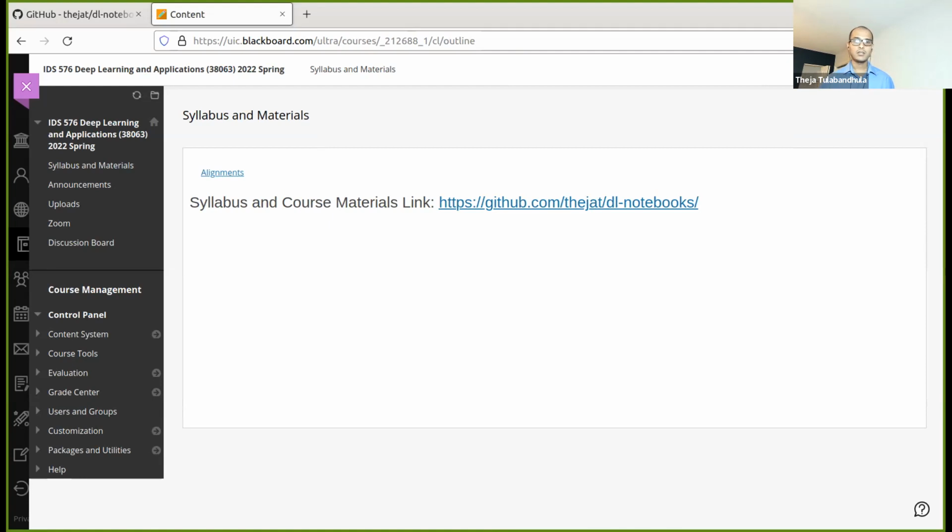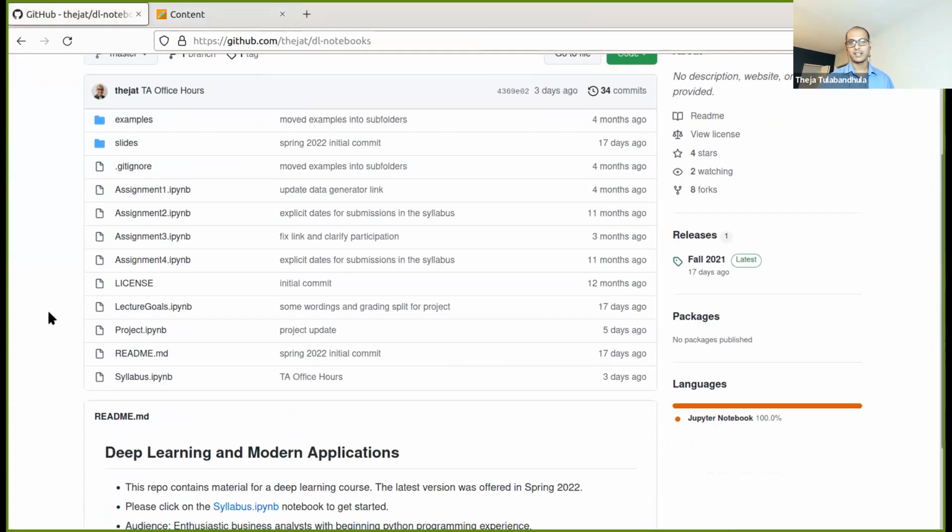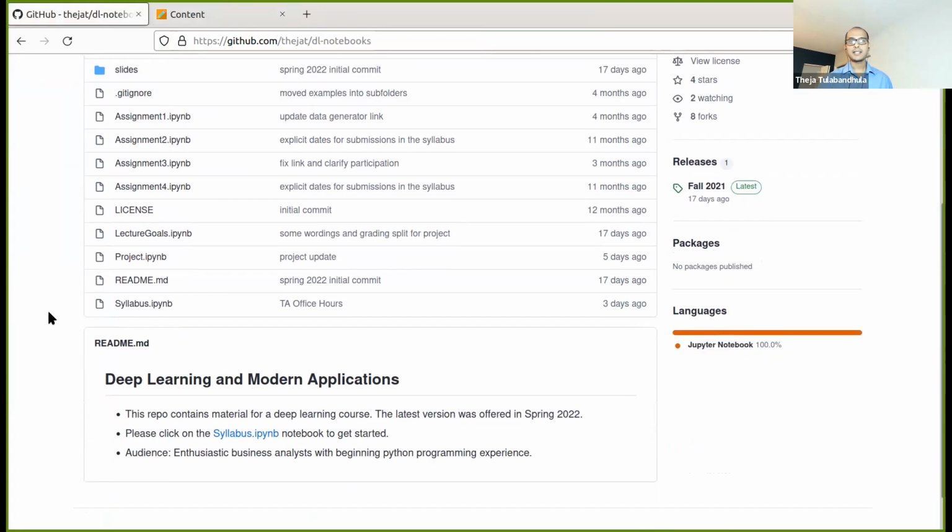I just wanted to walk through this Blackboard structure to say that there's nothing missing here. These are the key components, and much of the material is actually in a Git repository. I hope everybody has access to this repo.